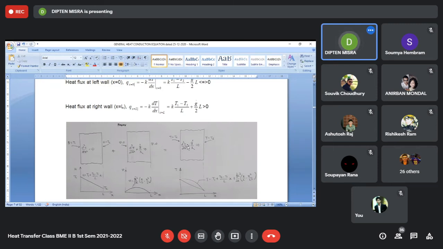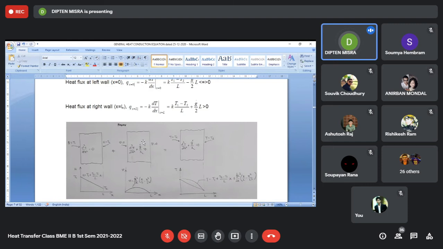There, the problem on T is made up of two problems in terms of U and V. The U problem is where there is no internal heat generation. You have simply d2U/dx square equal to 0. And your boundary condition is U equal to T1 on this side, and on this side you have U equal to T2.